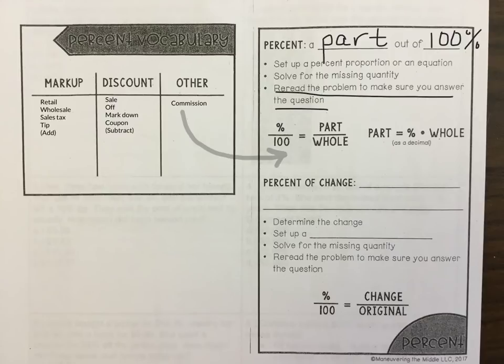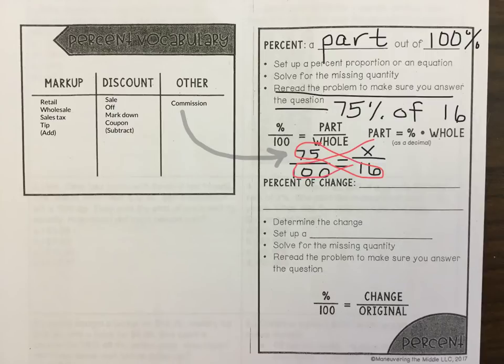So for example, let's say we got 75% on a test out of 16 questions on the test. We would set up a percent proportion like this: 75 over 100 equals x over 16, and we could cross multiply: 75 times 16 divided by 100.